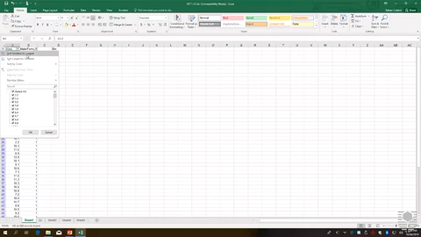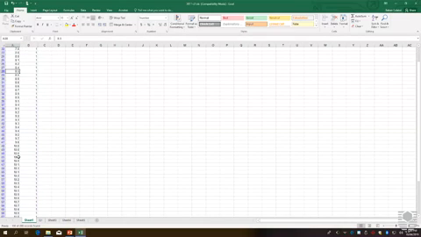There are two ways: you can sort it from here, or highlight it and go to the sort and filter function, and sort from smallest to highest. So just sort it from smallest to highest.